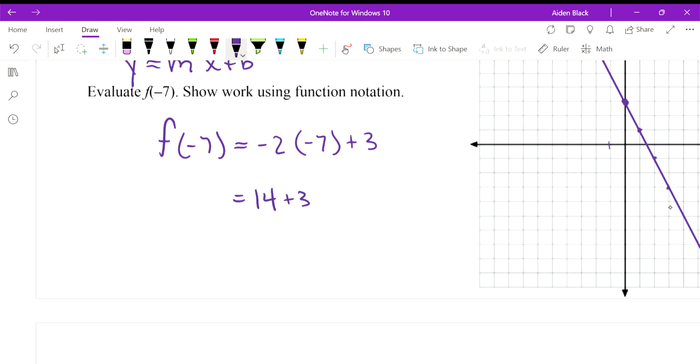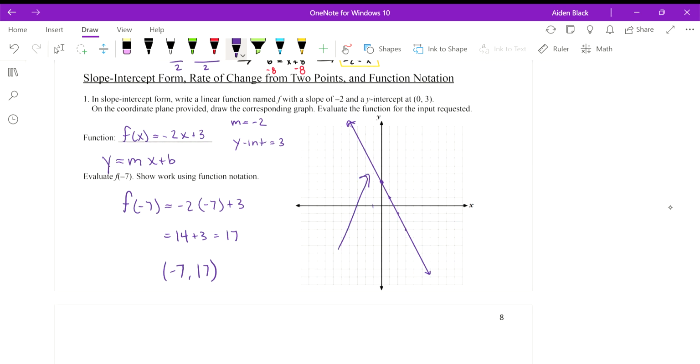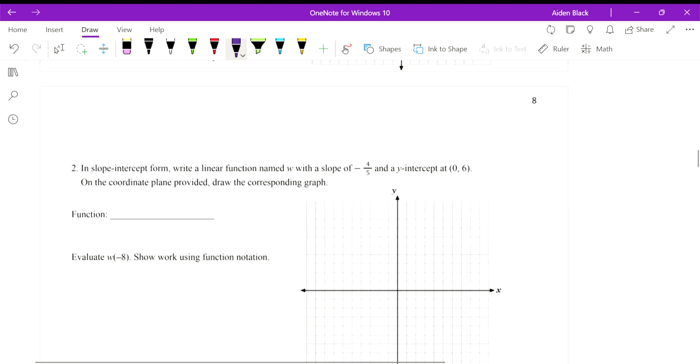And when you add 3, you find out that you get 17. Okay, so the point on the graph would be (-7, 17). That would be a point on this function.